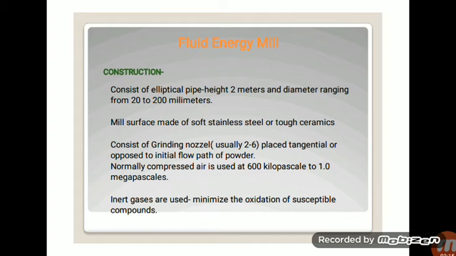Normally, compressed air is used at 600 kilopascal to 1.0 megapascal. The main part of this equipment is the compressed air. This air has a pressure of 600 kilopascal to 1 megapascal.